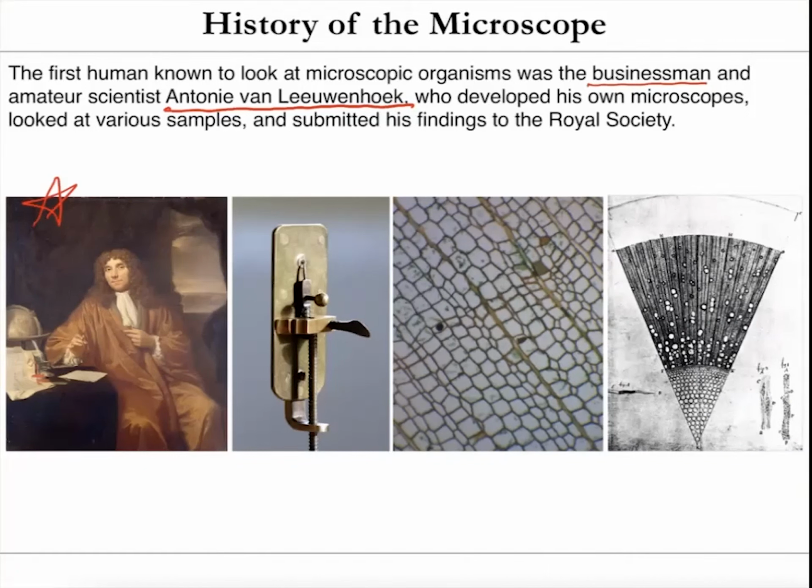Other people were playing around and developing some microscope technology, but he was the first one to really make a modern, sophisticated light microscope, the replica of which is seen right here, which was capable of magnifying a specimen 300 times. This occurred in the late 1600s.